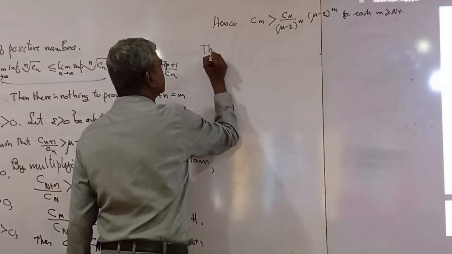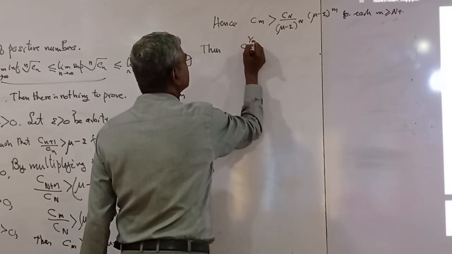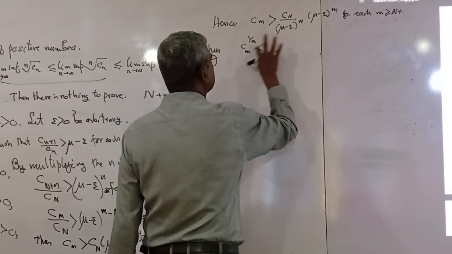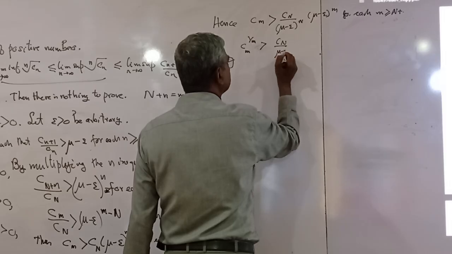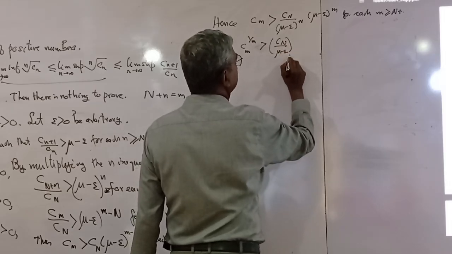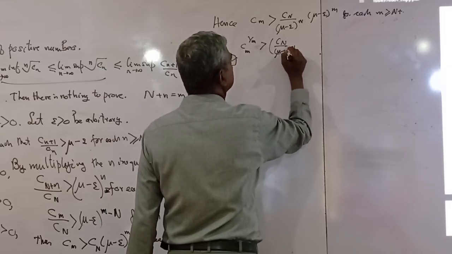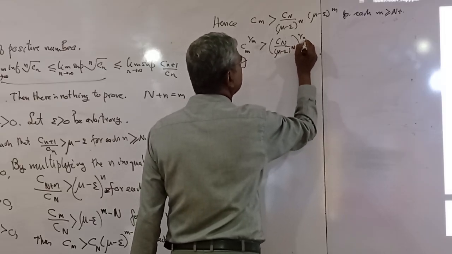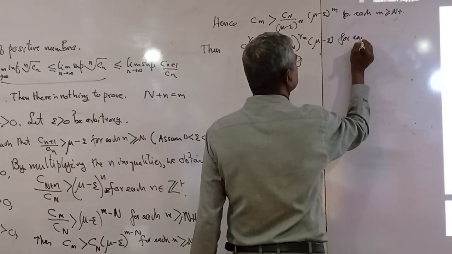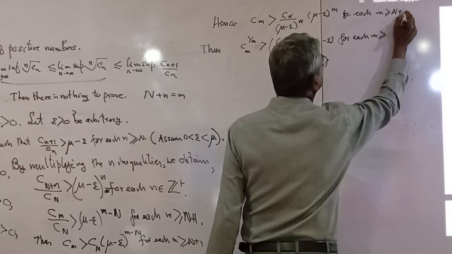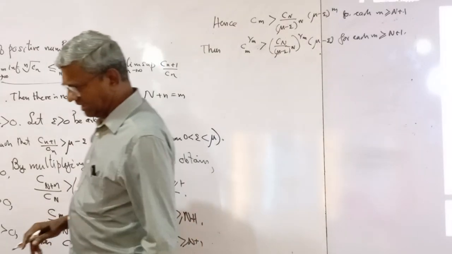Thus, the mth root of Cm is strictly greater than the constant C capital N over mu minus epsilon to the power N, raised to the power 1 over m, times mu minus epsilon, for each m greater than or equal to capital N plus 1.